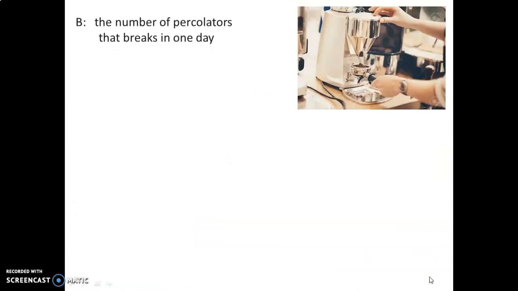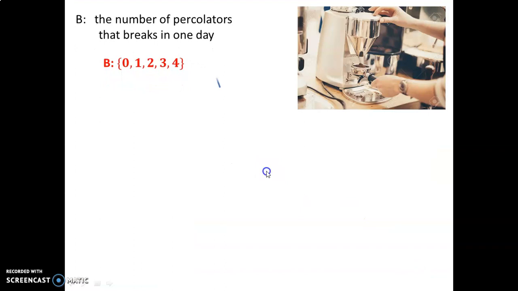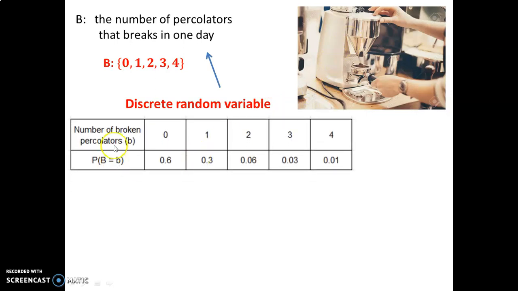Okay, let's look a little further. We also had coffee machines there. We talked about this being called a discrete random variable because, again, it's discrete data. And that variable is random because it is kind of random how many machines will break in a day. We can't predict that. You can create a probability distribution table for that.